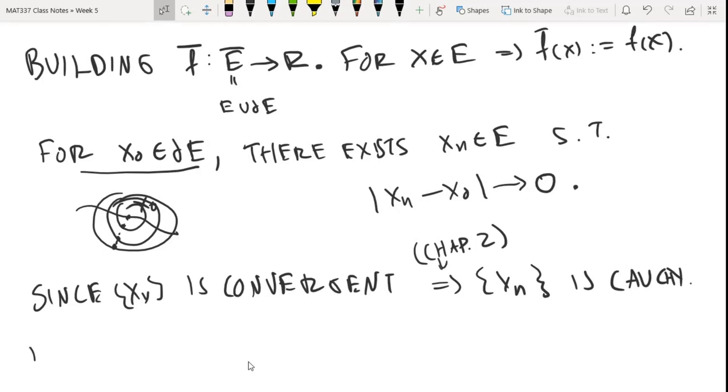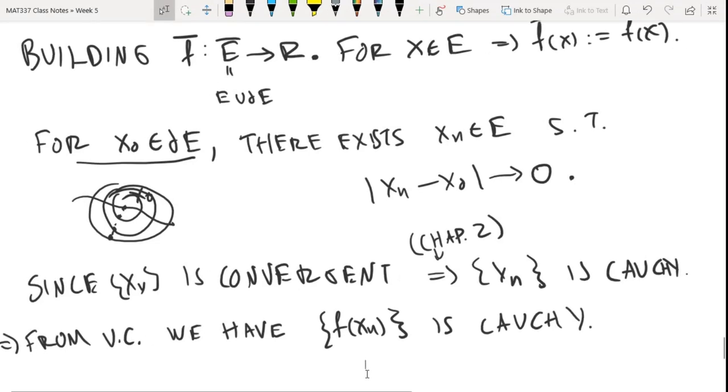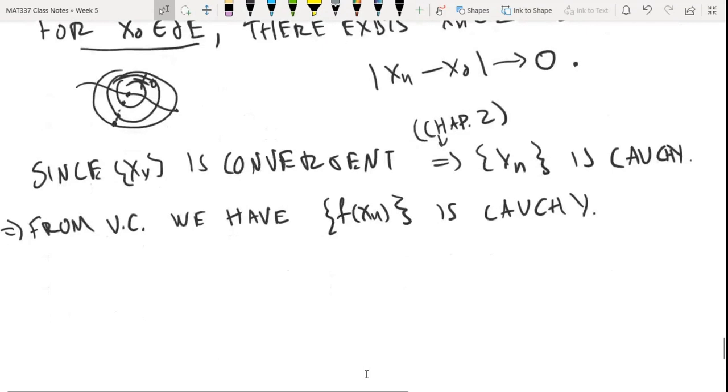Then from above, from uniform continuity, we have f of x_n is also Cauchy.